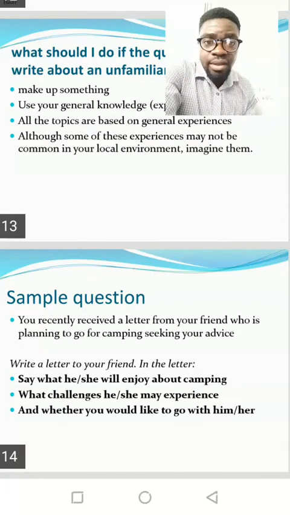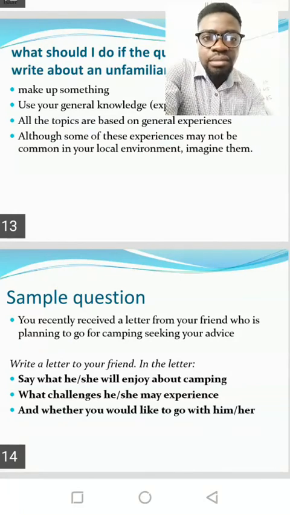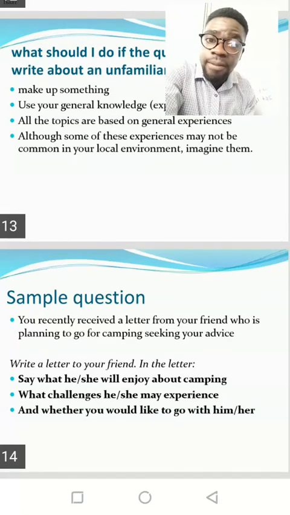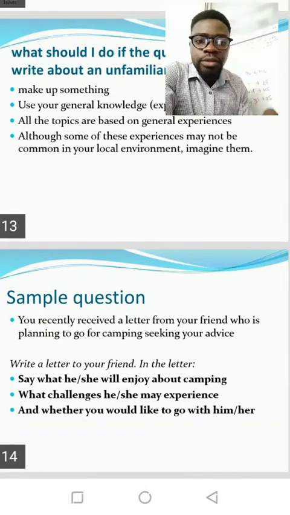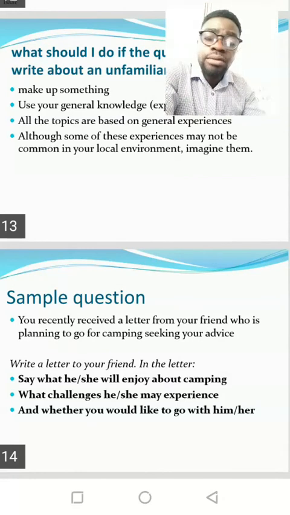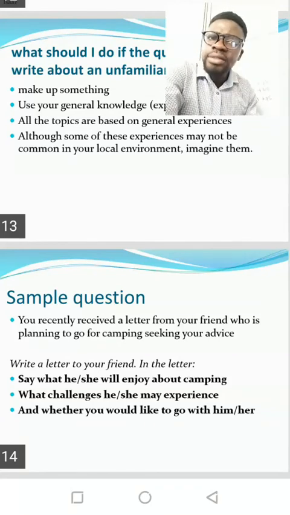Camping in the West is one of the recreational activities. So you're going to just use your general knowledge about maybe having an outdoor activity, and write on that.